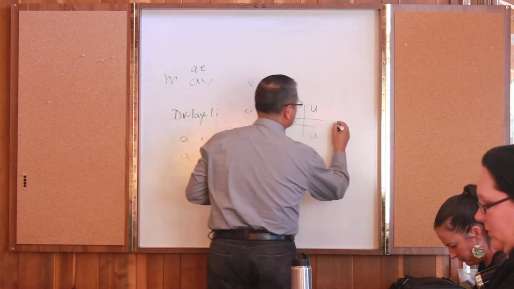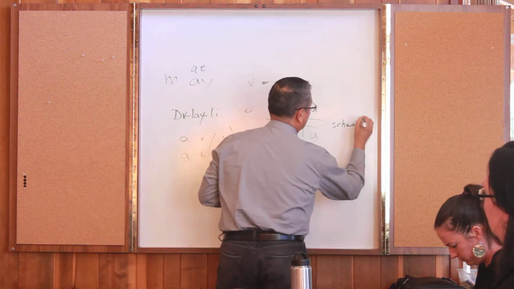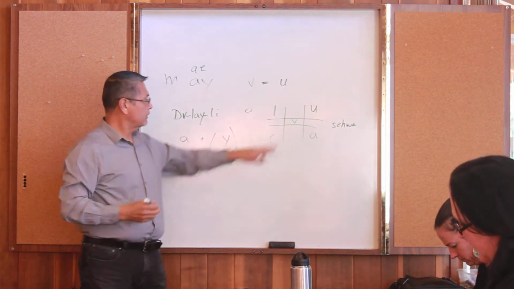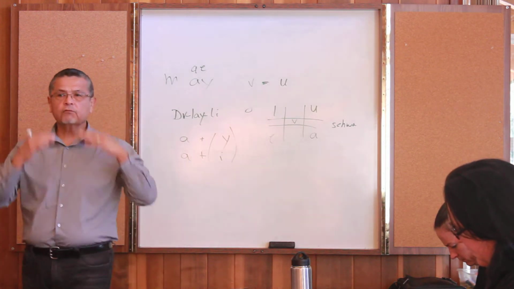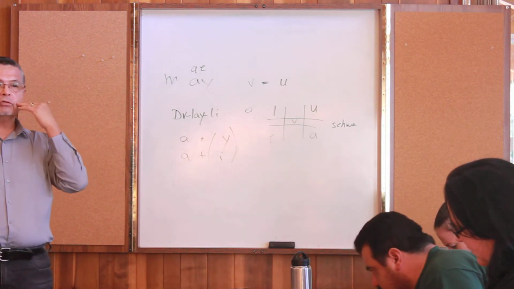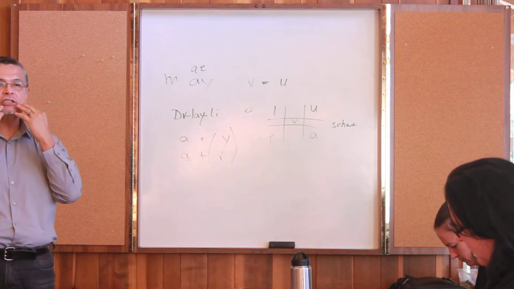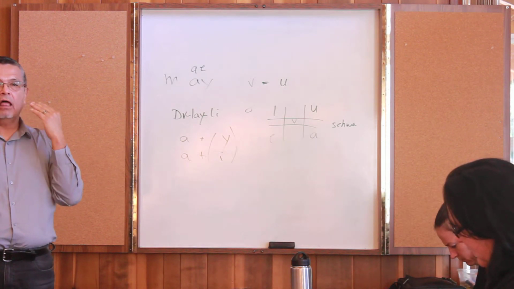The name of this sound is called schwa. It's produced in the center of our oral tract, and it's the default position of the tongue.